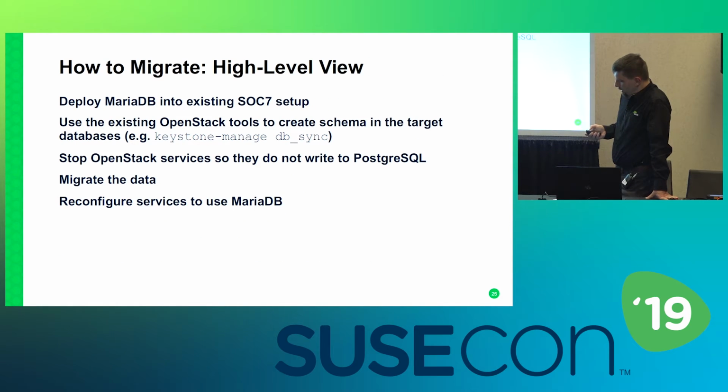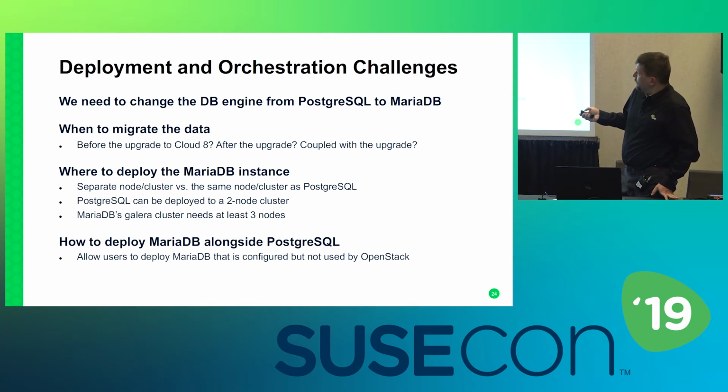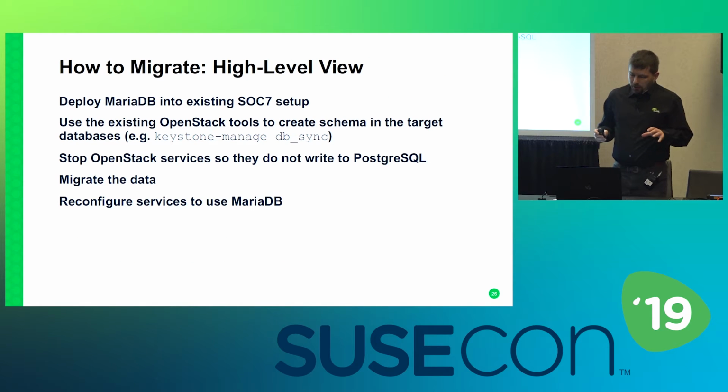This slide kind of covers the answers. That was the answer to the first question: when we do the migration and when we do the switch. Ultimately we decided that we tell users to do the whole database switch still on the Cloud 7 side.